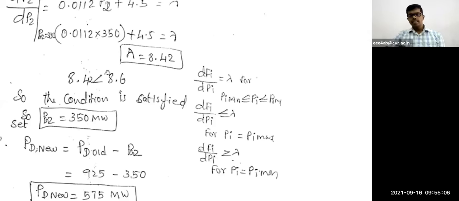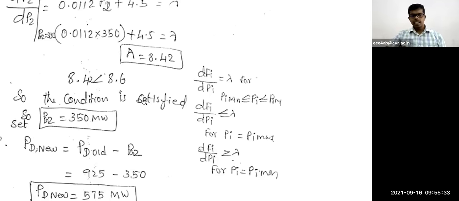But here it is less than, not equal to. It can also come like 8.62; sometimes this value can also be 8.62, and in that case it is less than or equal to. Here it is only less than. Either less than or less than or equal, if this condition is satisfied, whatever the considered value is correct.